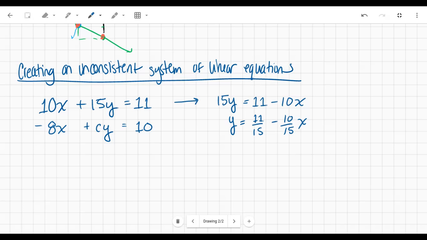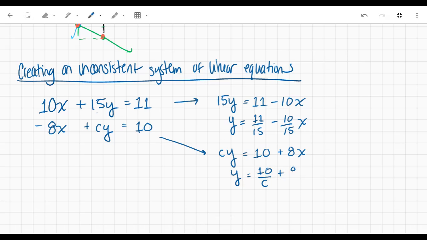It's always going to be the opposite of the coefficient on the x over the coefficient on the y. So we can also see that with this guy, where cy will equal 10 plus 8x. So y equals 10 over c plus 8 over c x.